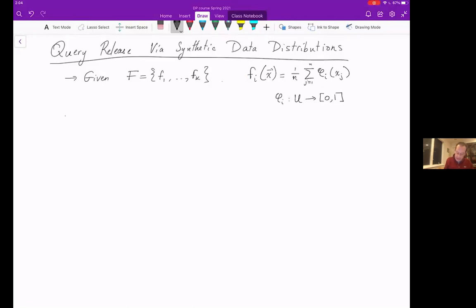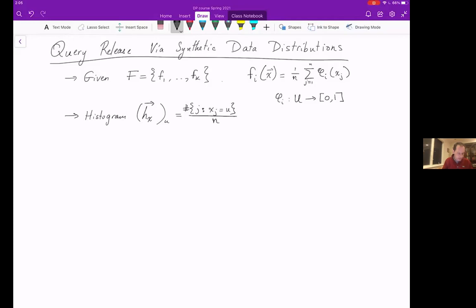And what we said last time, with the projection mechanism and the factorization mechanism, is that it was convenient to take this view of the data set as a histogram and the set of queries we want to evaluate as a matrix. So remember, we've got a histogram representation. h of x is a vector such that in position u, it is equal to the number of entries of x that are u, over n.